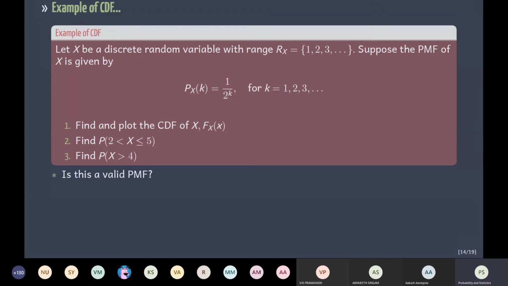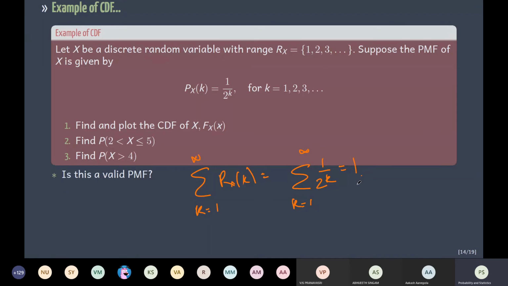The first question is whether this is really a valid PMF. To check that, you have to check that the sum is 1, so the sum over k equals 1 to infinity of P_X(k), which is the sum of 1 by 2 to the k, is 1.